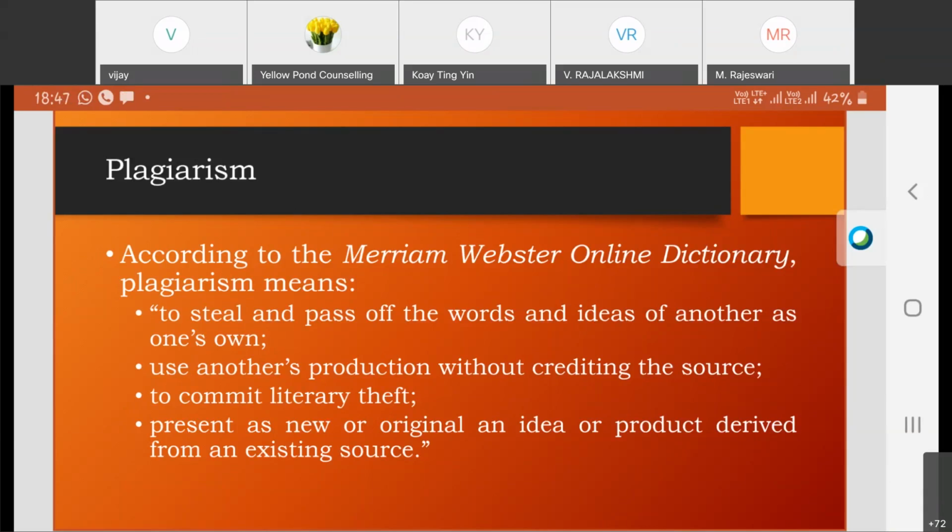Then competition among journals to publish more articles is another factor that can lead to non-detection of plagiarized content. Anyway, we have so many online libraries and online journals. For example, whenever we enter the keyword self-esteem, there is a list of self-esteem articles and a list of book materials associated with self-esteem.